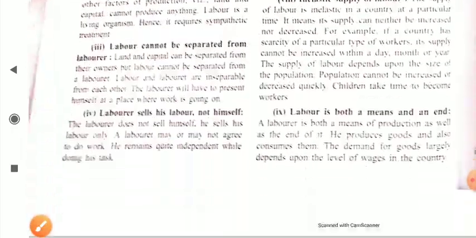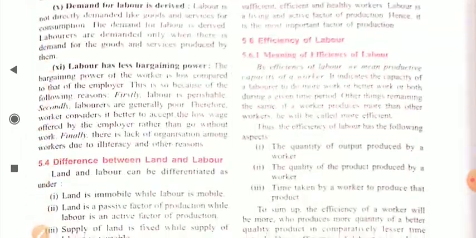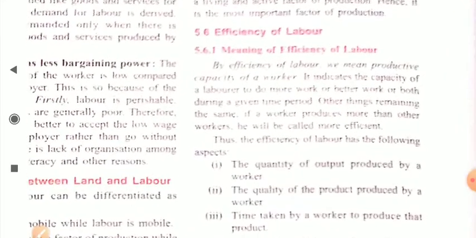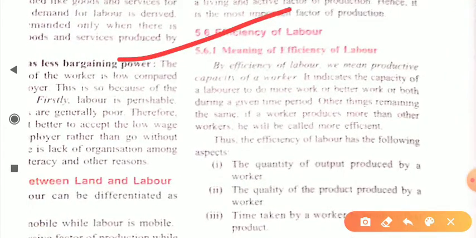Now we will move to our next point, which is efficiency, dear student. By efficiency of labor we mean the productive capacity of a worker, how productive the worker is, how much capacity he has as a laborer.